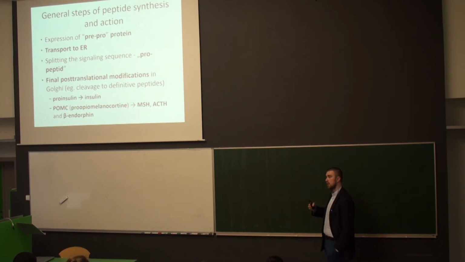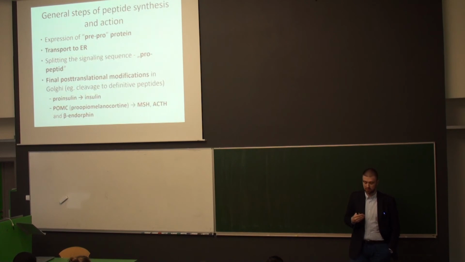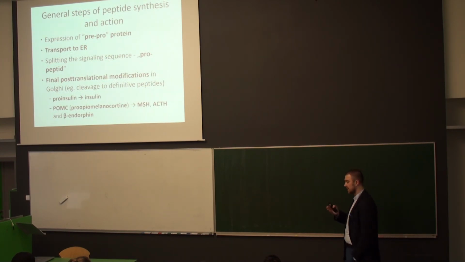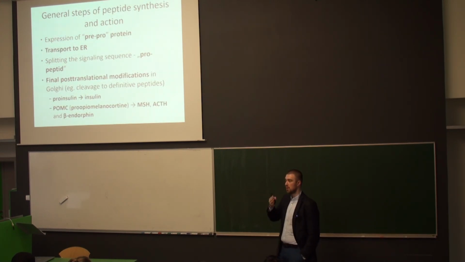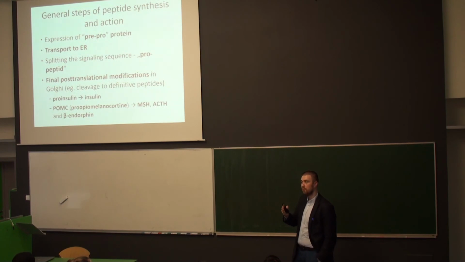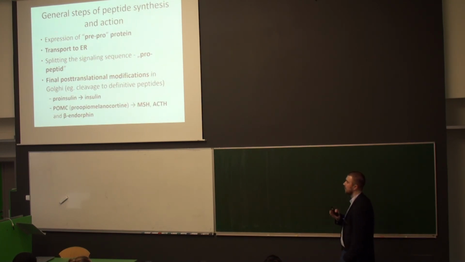Once the protein is transported to the endoplasmic reticulum, you cleave off the signaling sequence, and you now have only the propeptide. That means prohormone, and we can say proinsulin. So splitting off the signaling sequence in the endoplasmic reticulum removes the first prefix, the pre.